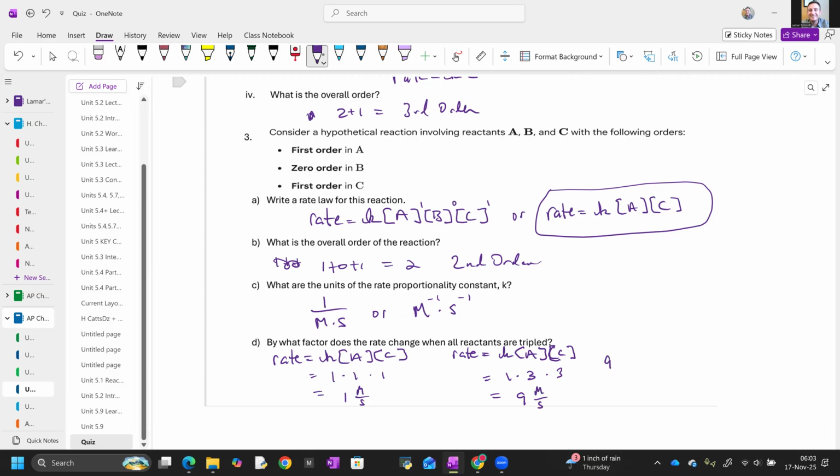And so 9 over 1, it increases by 9 times. All right, so the rate increases by a factor of 9. All right, and there we go. And that takes us all the way through the end.